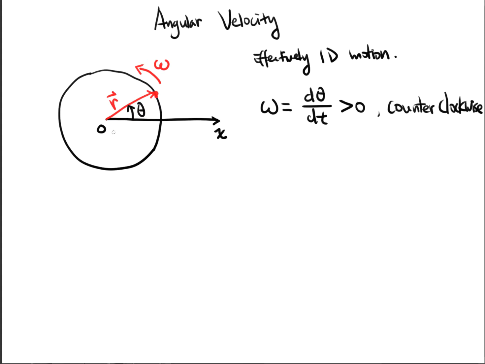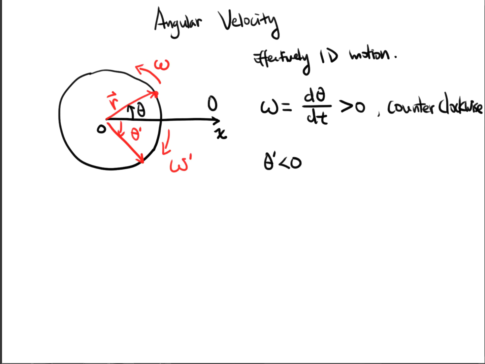Now if another object is moving along the opposite direction, this direction, let's say omega prime, and its angle with the x-axis is this angle theta prime. Then the definition is that this theta prime is negative.